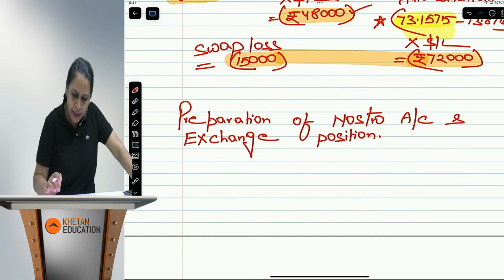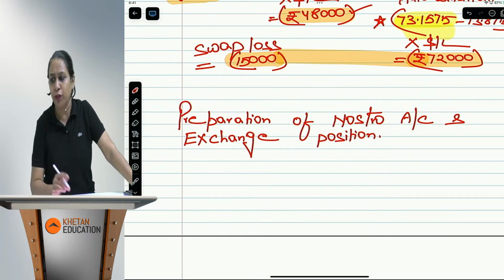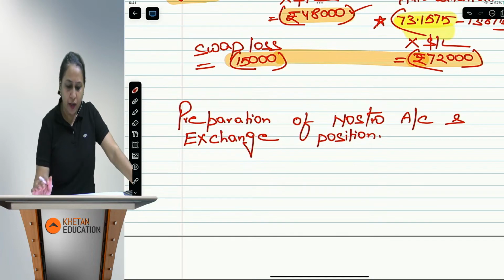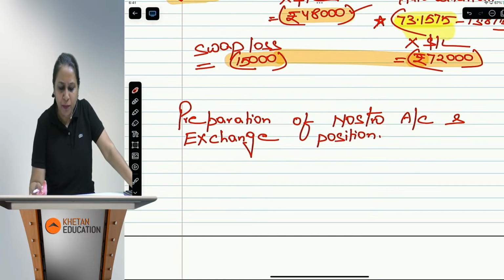Okay, so here if you know the P&L statement, wait a minute please. So what we are going to start from here is preparation of nostro account and exchange position, right?